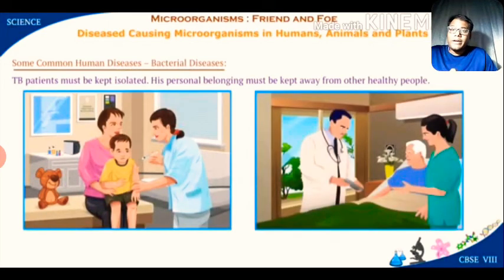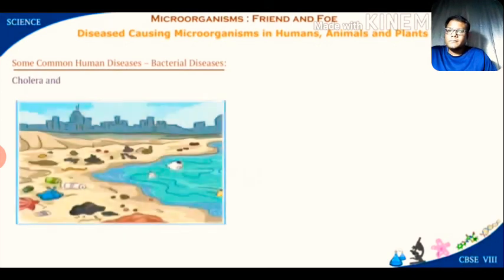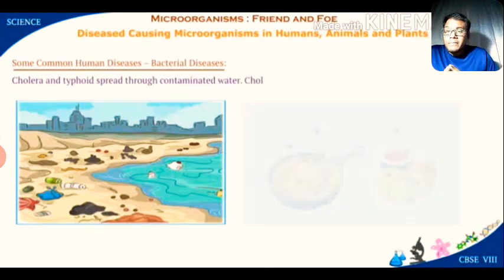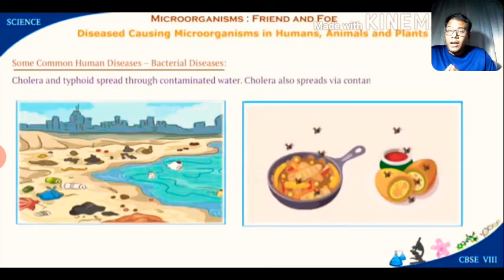Cholera and typhoid are also bacterial diseases. Cholera and typhoid spread through contaminated water. Cholera is also spread via contaminated food.